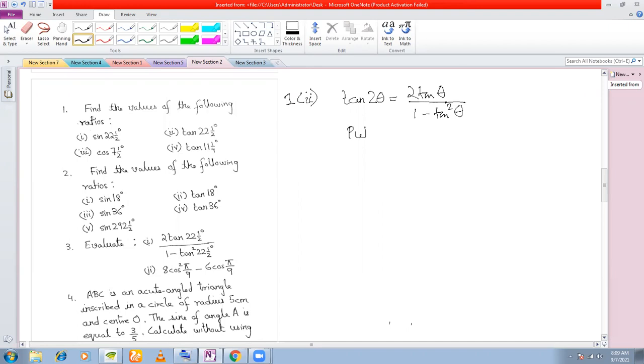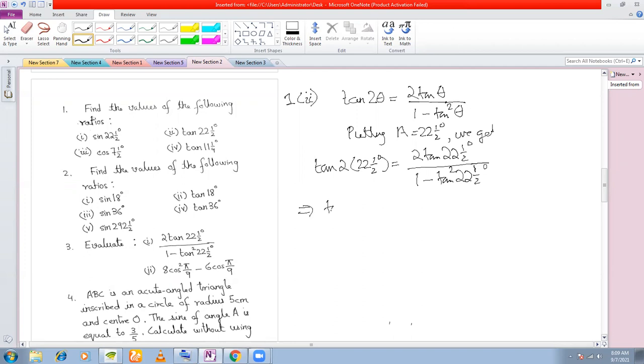Now you put A is equal to 22 and a half. And twice 22 and a half is equal to 2 tan 22 and a half divided by 1 minus tan square 22 and a half.